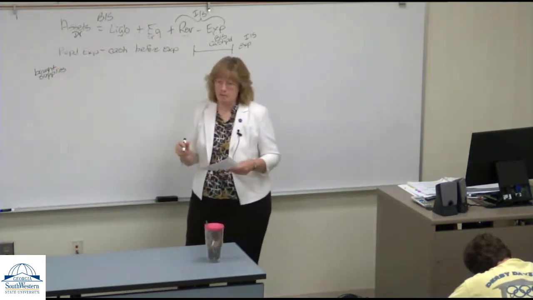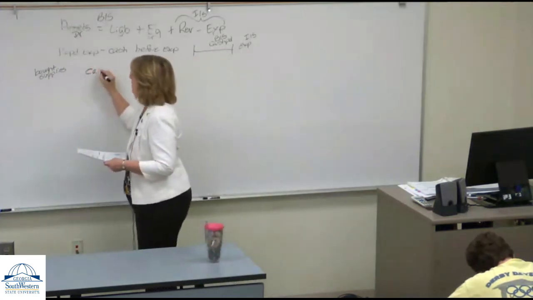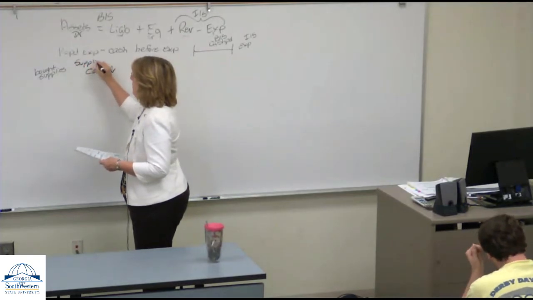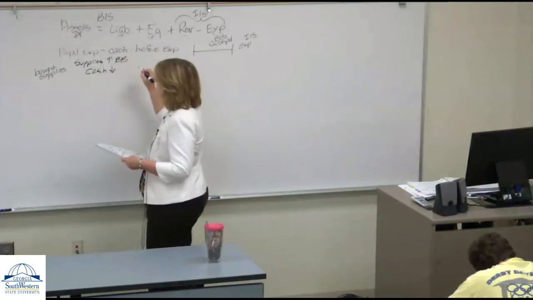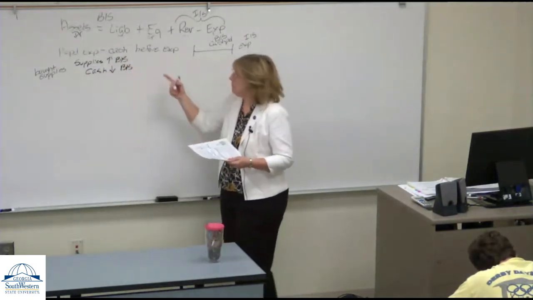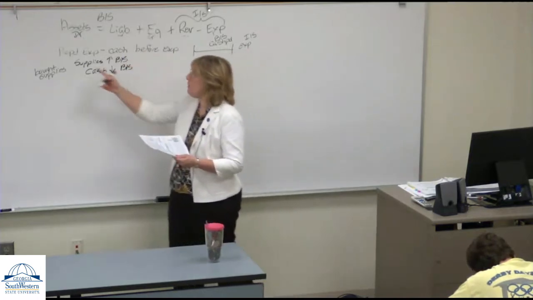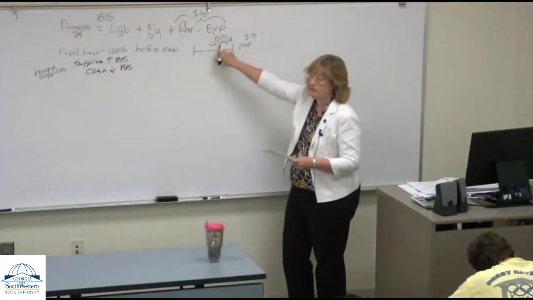When we bought the supplies, what would our entry be? Our cash went down, and then supplies went up. And supplies is on the balance sheet, and cash is on the balance sheet, right? This supplies is an asset and cash is an asset. This is what happened when we bought the supplies. This is when our cash was paid right here, okay?